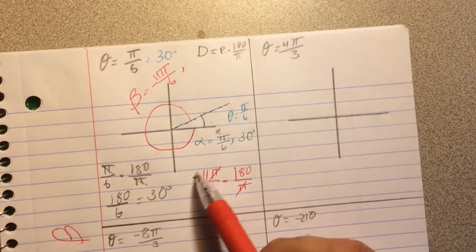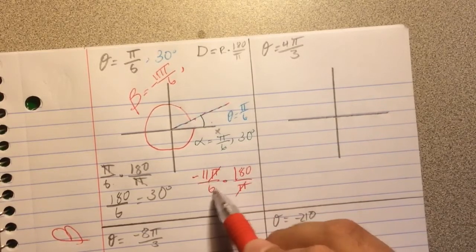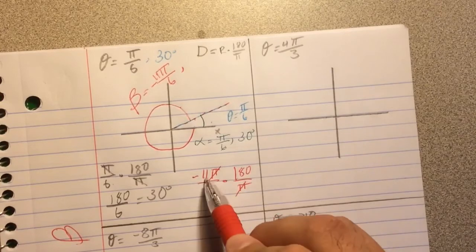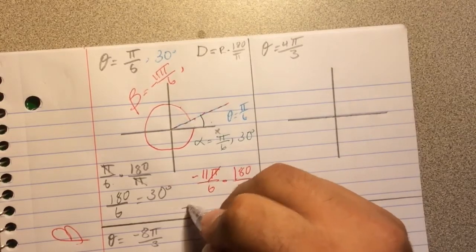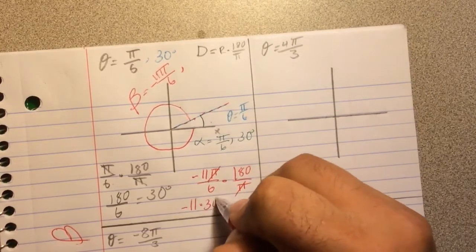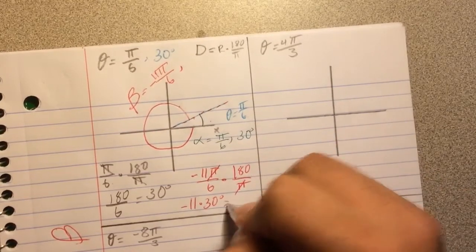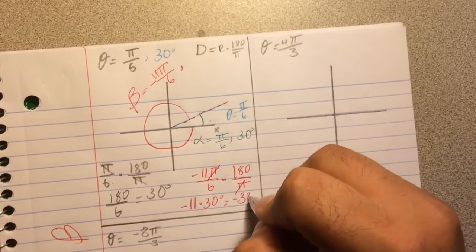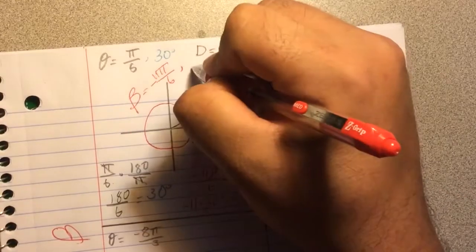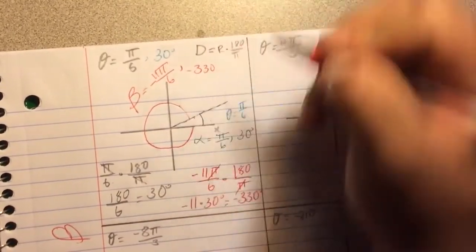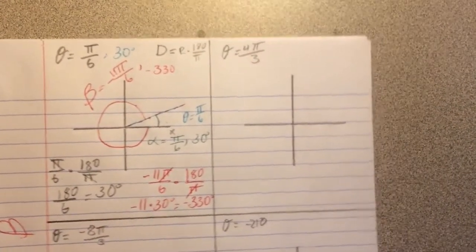The only thing different here is that we have the negative 11. So this is still going to give us 30 degrees, but then we're going to multiply by 11. So we're going to have negative 11 times our 30 degrees, and this is going to give us negative 330 degrees. So that's what's going to go here, negative 330 degrees. All right, let's move on to our next one.